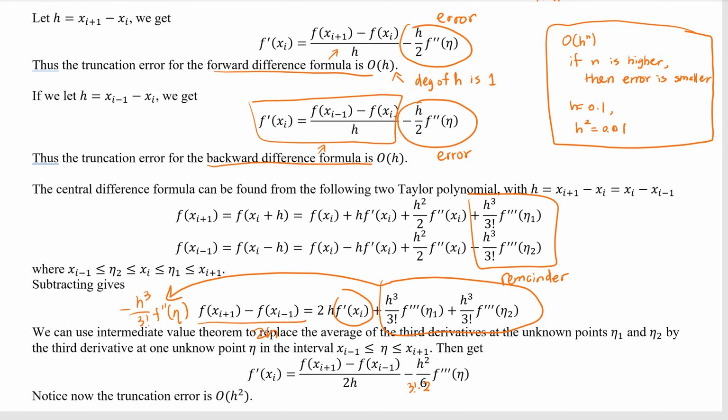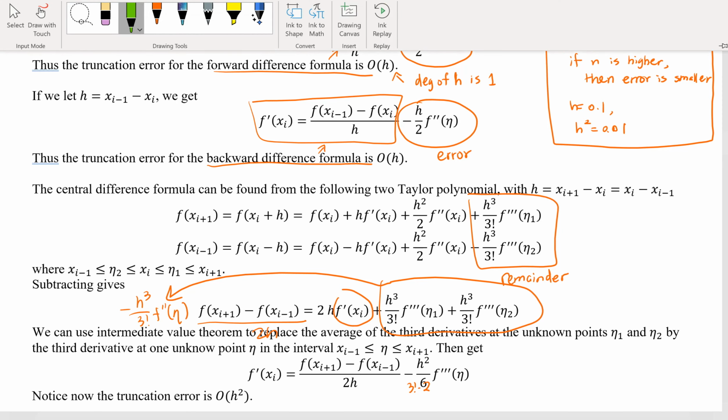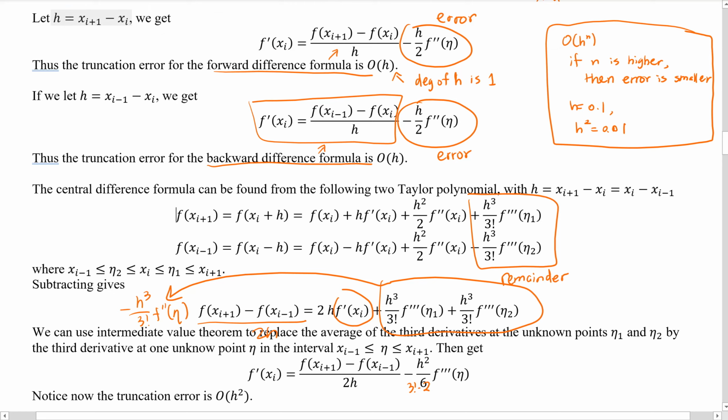Alright. What happens here, let me write down the detail. How do we get this? By the intermediate value theorem, we know that we have two values, f triple prime of eta 1 and f triple prime of eta 2, and let's say the middle value of it is f triple prime of eta 1 plus f triple prime of eta 2, divided by 2.